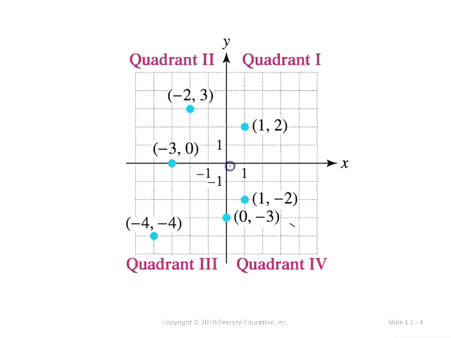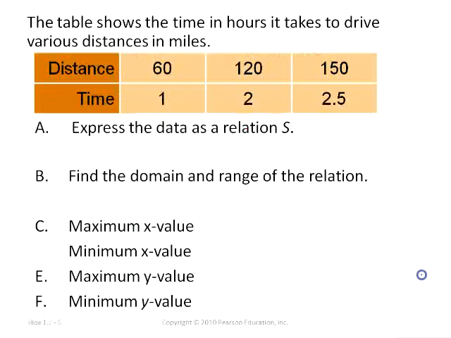The first coordinate tells you how far you go left or right from the origin, and the second coordinate in your ordered pair tells you how far you go up or down from the origin. So you can see here we have points in each quadrant.